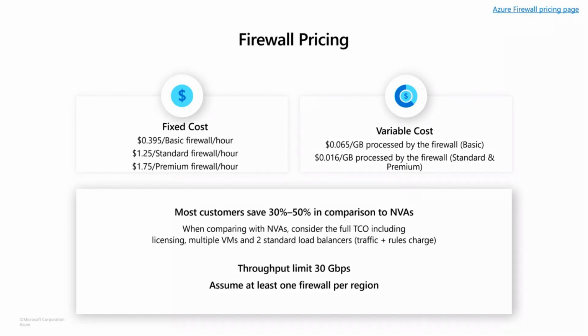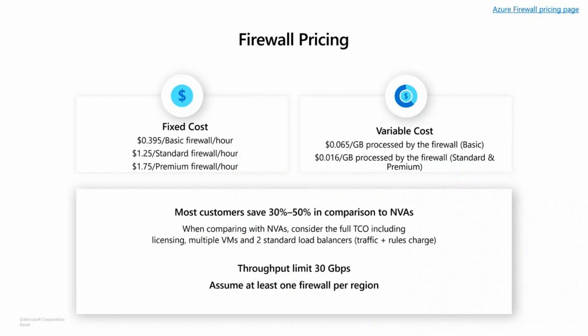So a lot of times I get asked the question, how does Azure Firewall compare to NVAs or third-party firewalls, right? So in general comparison, Azure Firewall is cloud native. I think we covered a lot about what a cloud native firewall's advantages are.